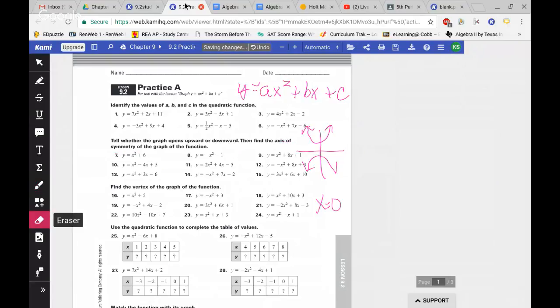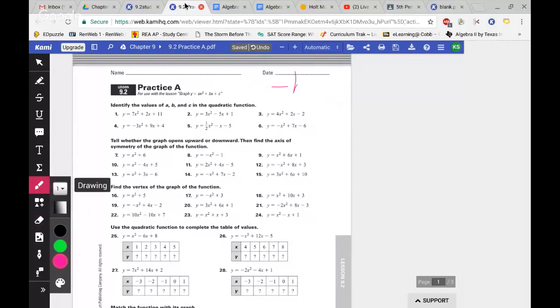All right, so now number 9. There's a formula that tells us what the axis of symmetry is. And that formula is opposite of B. And I say opposite because if B is negative, it's obviously going to be the opposite of a negative number. So I don't really say negative B. I say opposite of B over 2A.